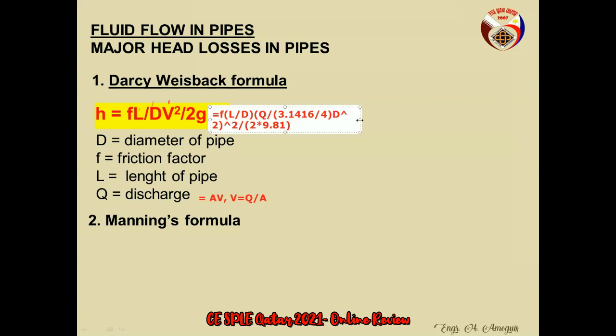So what comes out is your head loss formula: 0.0826 F L Q squared, because you square that as well, so Q squared over diameter raised to 5. Check it.